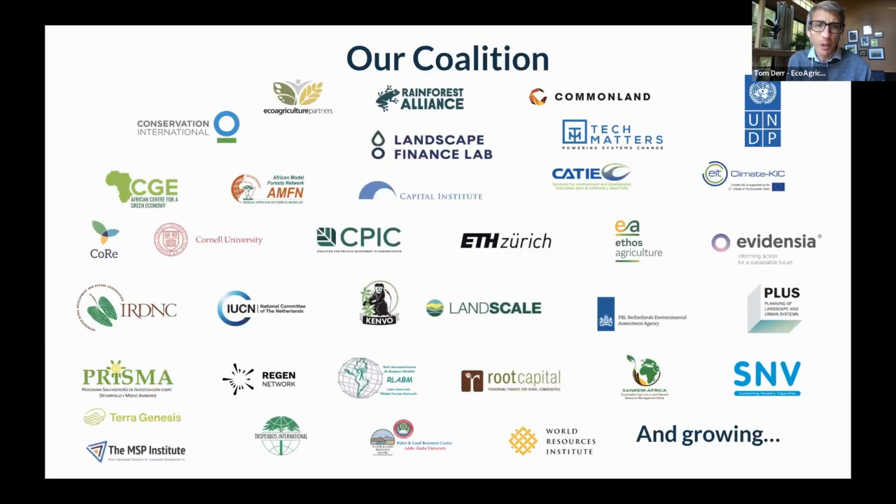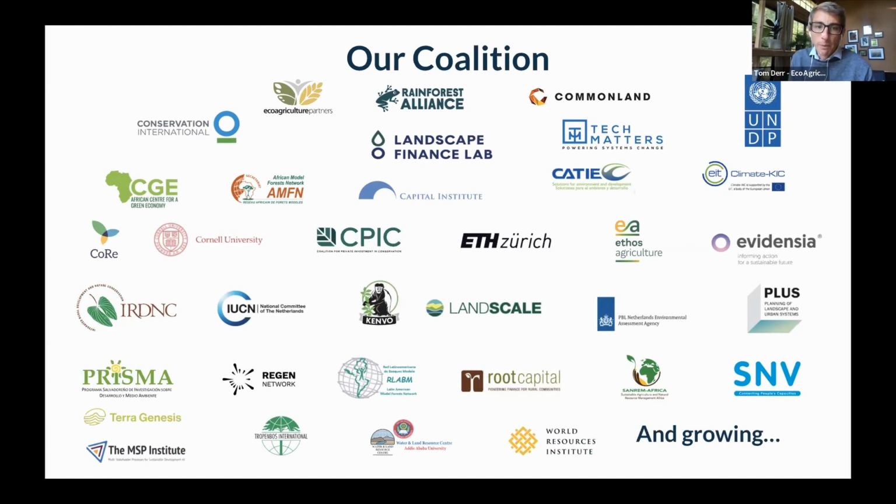We work with over 30 technical partners who come from all over the world and focus on different issues at the local, regional, national, and international level, who are all very passionate about landscape management and want to join us on this mission and journey to scale up ILM.